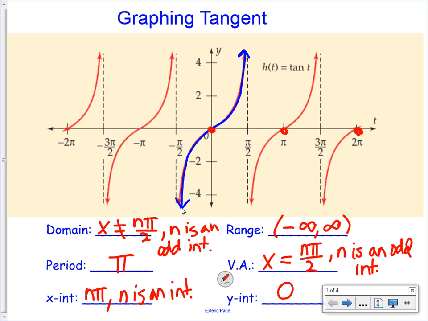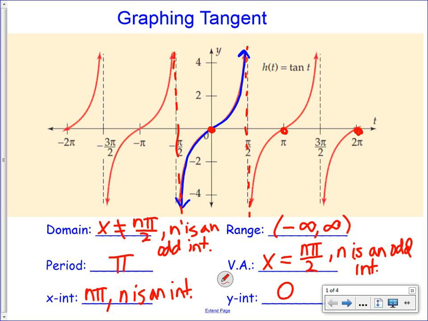All right, so this is your parent graph for tangent and its characteristics. You want to make sure you study this. But again, the part of the graph, or the period, that we're going to sketch when we transform these is between negative pi over 2 and pi over 2.